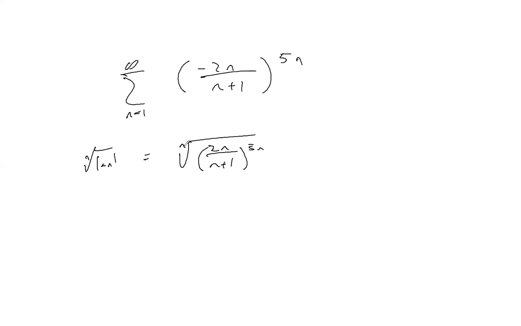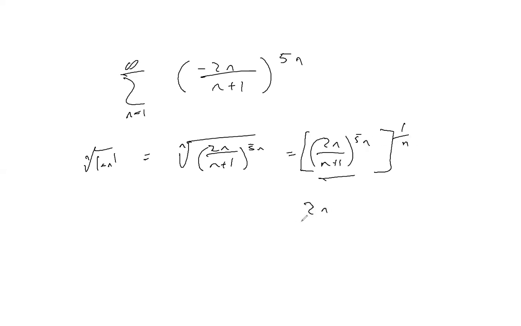Okay, so let's see. I have an n here and a 5n here. So how does that cancel? Does this entire term cancel? No. Remember, nth root is like raising a_n to the power of 1 over n. And when I have something to an exponent and I raise it to another exponent, I multiply the exponents together.